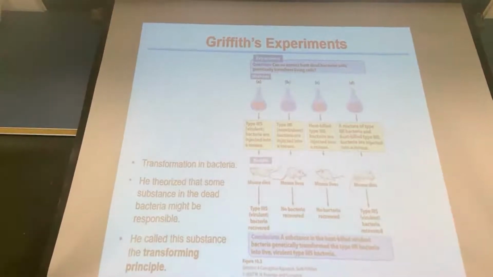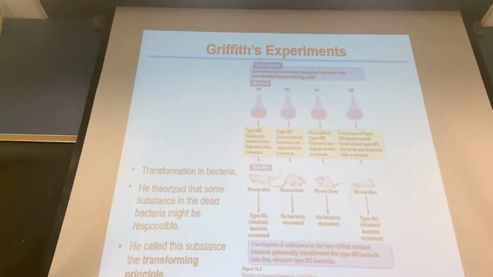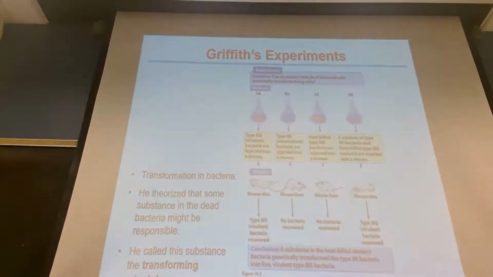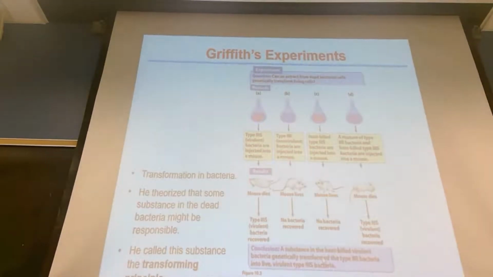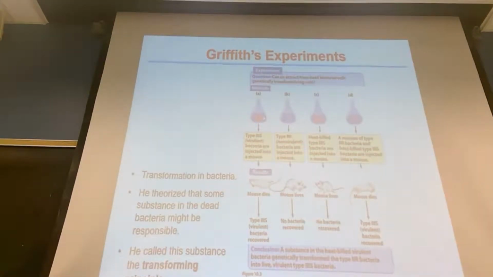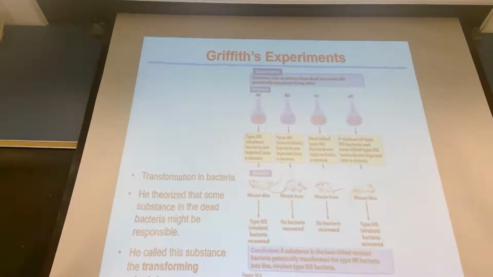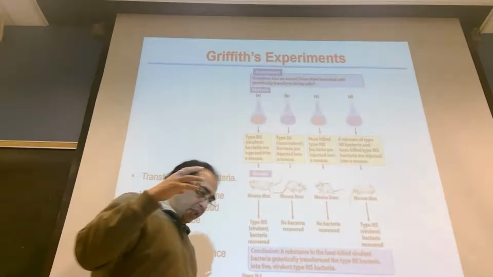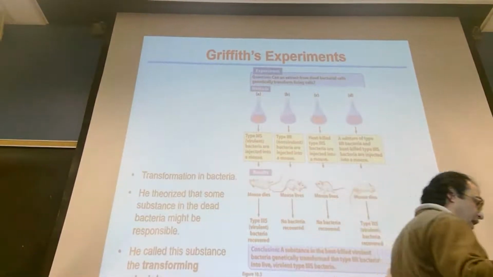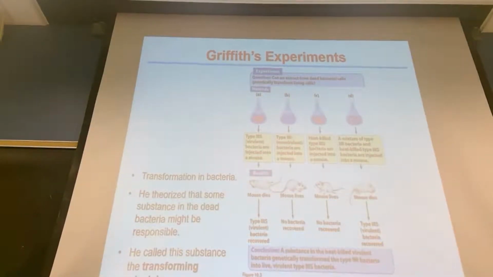Now the question is, when he put the virulent type of bacteria into mice, the mouse dies because there is pneumonia. He put the non-virulent type in and the mouse lives. There is no pneumonia at all. Now he did some experiment with this bacteria and put high heat onto the bacteria.